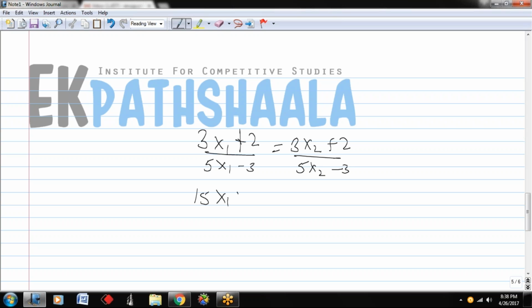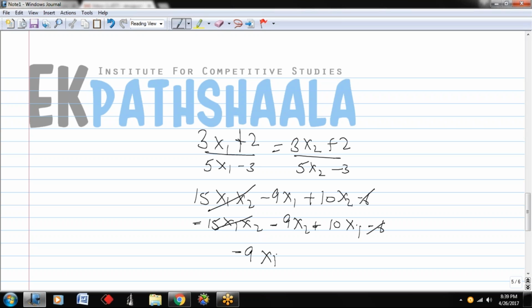It becomes 15x1x2 minus 9x1 plus 10x2 minus 6 equals 15x1x2 minus 9x2 plus 10x1 minus 6. The 15x1x2 gets cancelled, and the minus 6 gets cancelled. It becomes minus 9x1 plus 10x2 equals minus 9x2 plus 10x1.